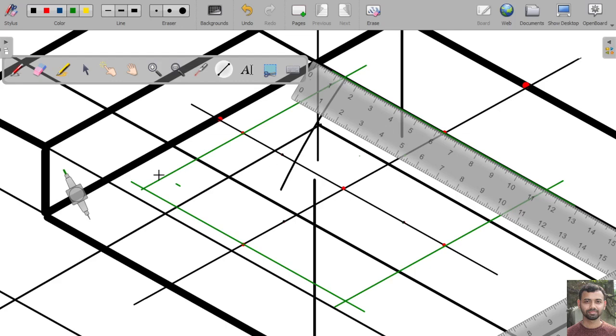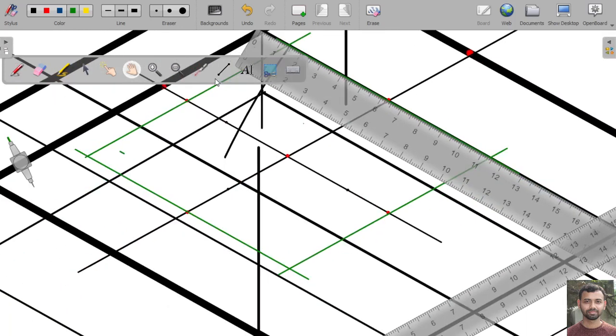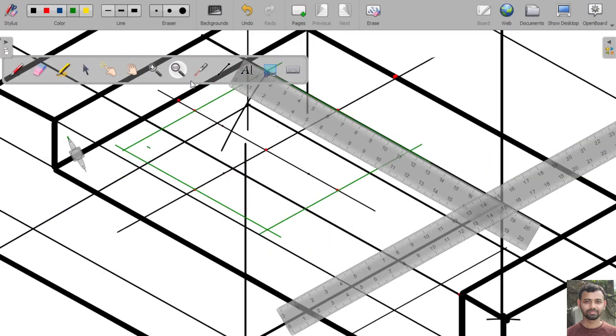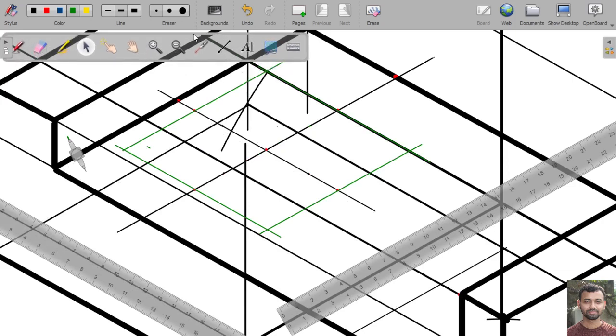Now, what is that four-centered method? In the four-centered method, we need four center points to draw the isometric view of the circle.